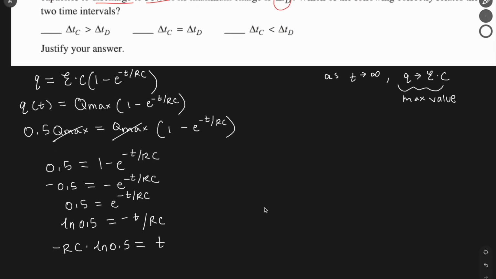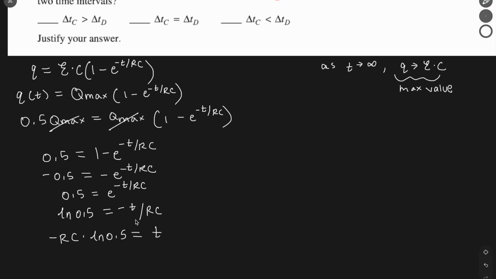So essentially, just remember that you can replace RC with tau, and negative ln 0.5 is just ln2. So we just derived our equation, which means we can now use it.